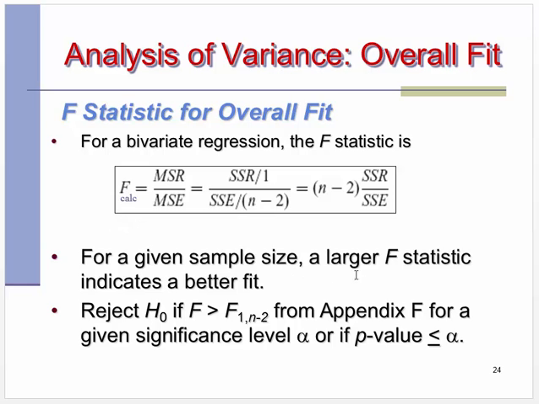For a given sample size, a large F statistic indicates a better fit. If the calculated F is larger than the critical F with 1 and n minus 2 degrees of freedom, then we reject the null. We can get the F from appendix F for a given significance level alpha, or if the p-value is less than alpha, just like before.